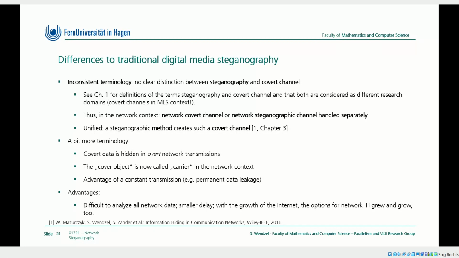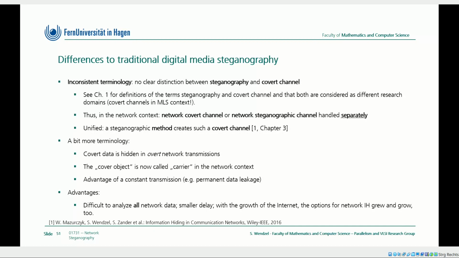And around the year 2000 and the early 2000s, the term network steganography was proposed to describe essentially the kind of methods that hide data in network transmissions. So we had network covert channels and network steganography methods essentially describing the same thing. This was mostly then detached from the multi-level security and policy breaking concepts and context.